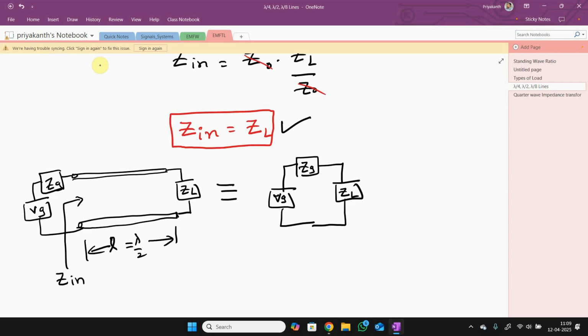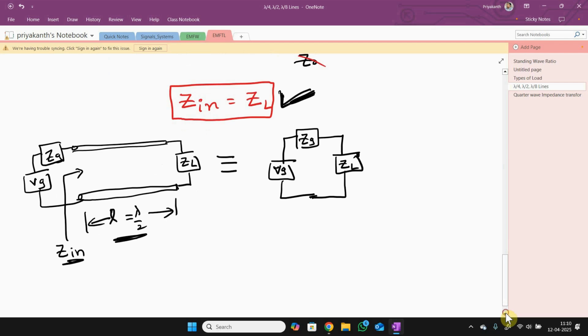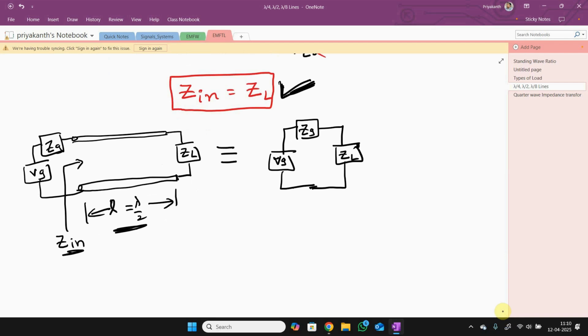Since Zin equals ZL in this case, this transmission line can be neglected. Clear? Because they are equal, when the length is lambda by 2, it is equivalent to the source directly connected to the load.